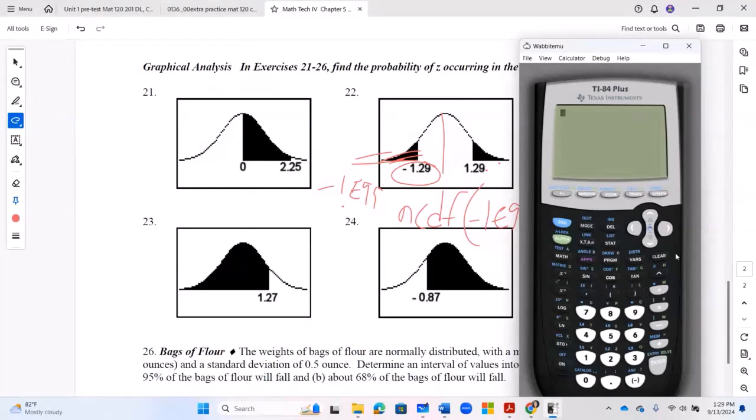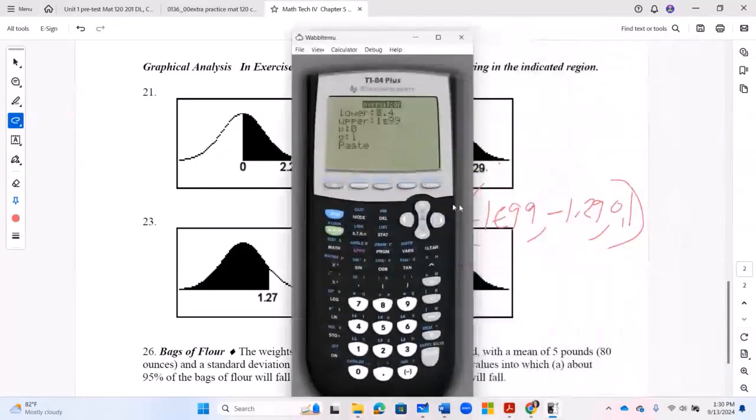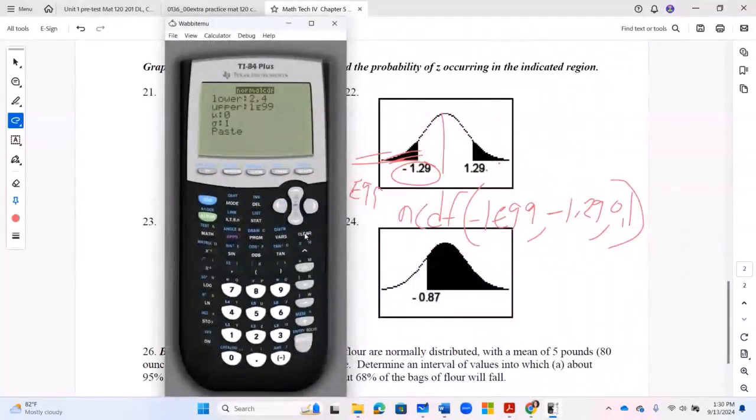Remember, when you're looking for area under the normal curve, you go to distributions, normal, second verse, and I'm looking for the cumulative density function, which is number 2. The lower bound is negative infinity. Don't forget to type it correctly.